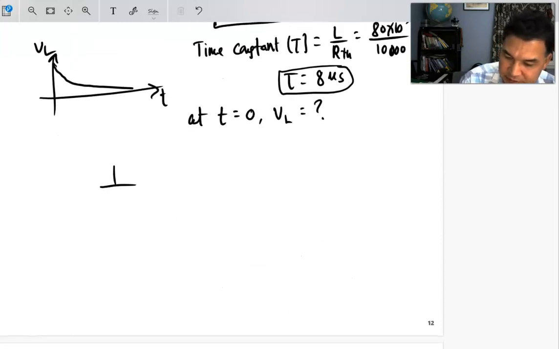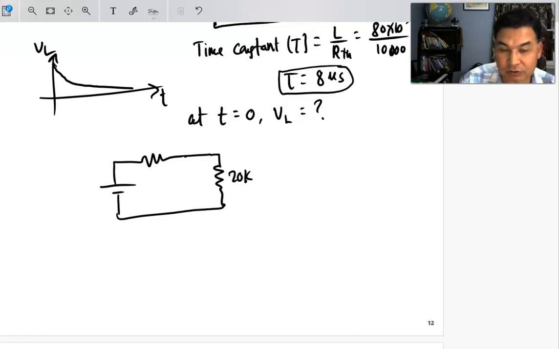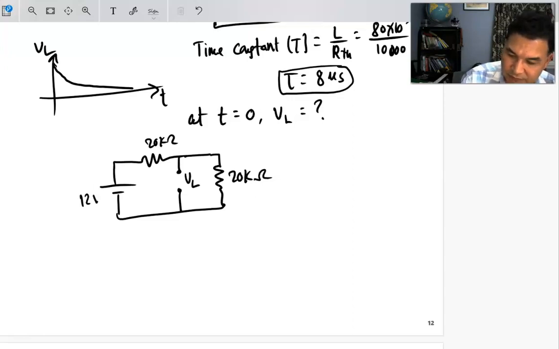And you can immediately write down this equation like that, and on the right hand side I have combined. This is 20 kilo, 4 plus 16 kilo ohm, 20 kilo ohm. This is also 20 kilo ohm. So whatever you're looking at here is VL. So this is 12 volts. So VL was 6 volts at t equal to 0, and that will decay now.